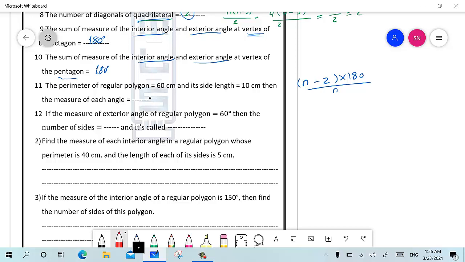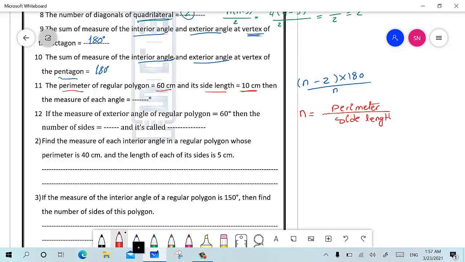I only have the perimeter, which is 60, and the side length, which is 10. Can I use those two pieces of information to find n? Yes, simply n in a regular polygon is equal to the perimeter divided by the side length.